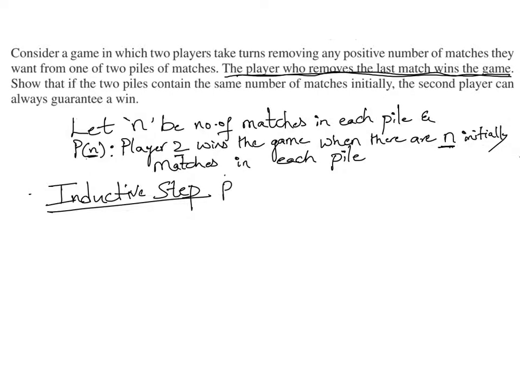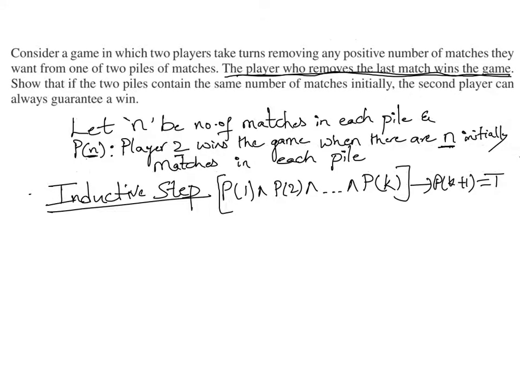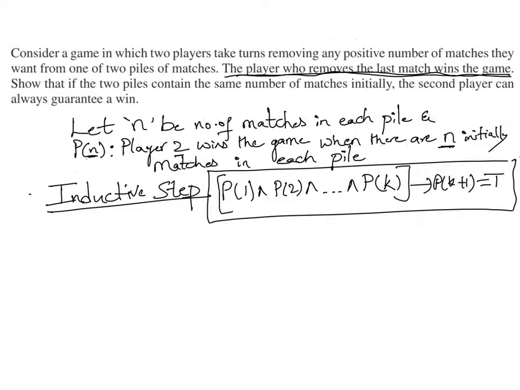We are going to show that P of 1 and P of 2 and so on, and P of k implies P of k plus 1 is equal to true. This is what we want to show. Once this is shown, the inductive step is going to be verified.